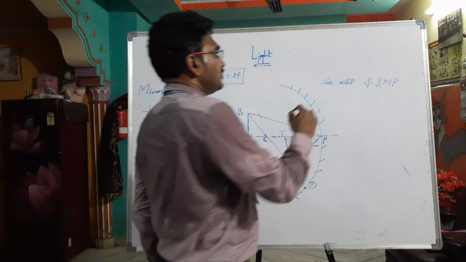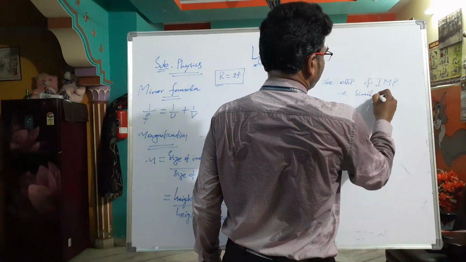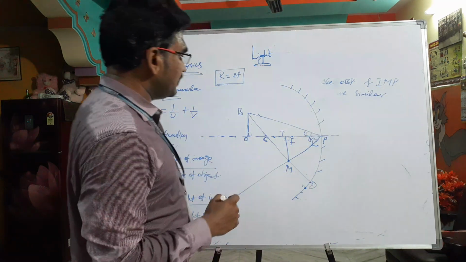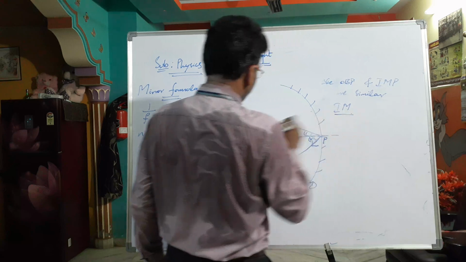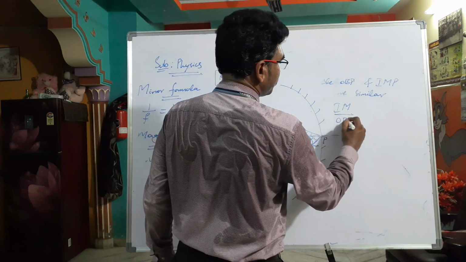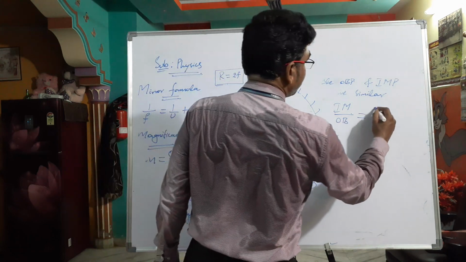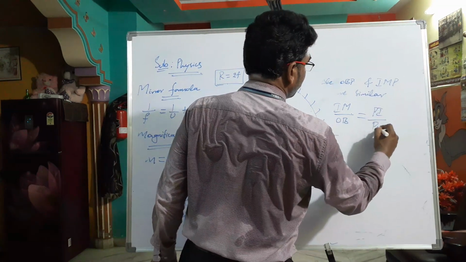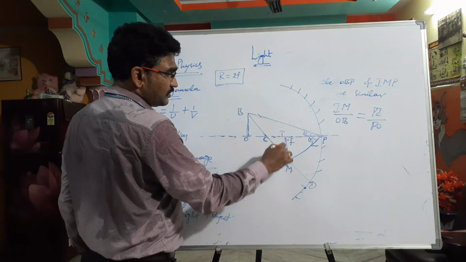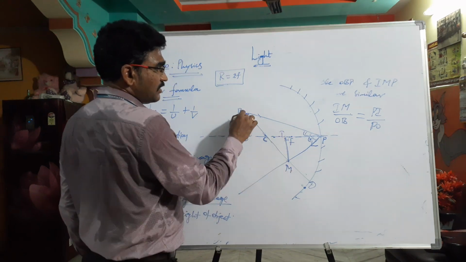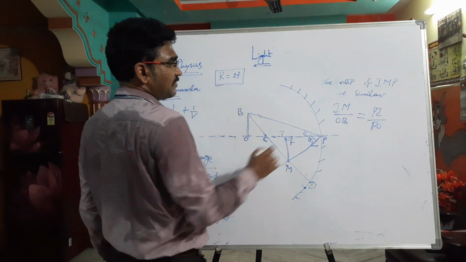So both are similar. When they are similar, I can say that IM by OB is equal to PI by PO. IM by OB is image size by object size.